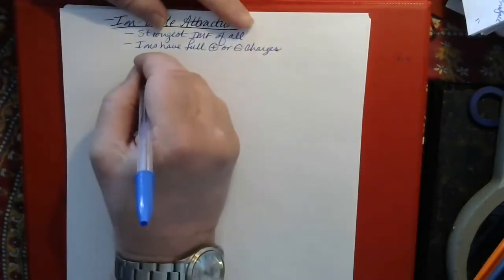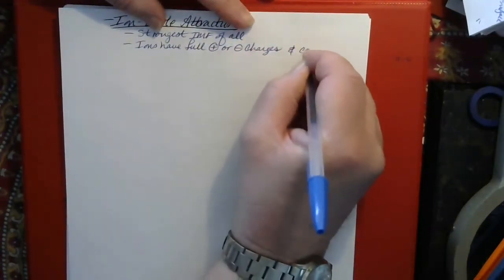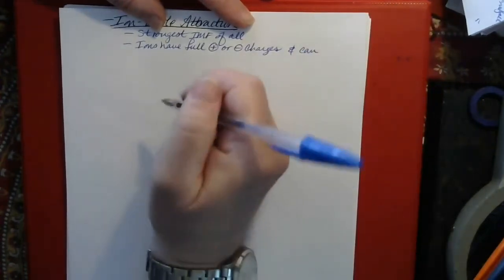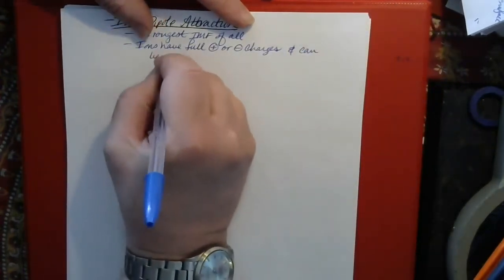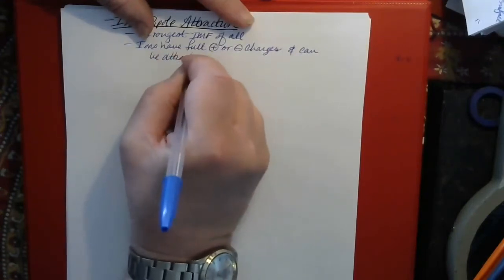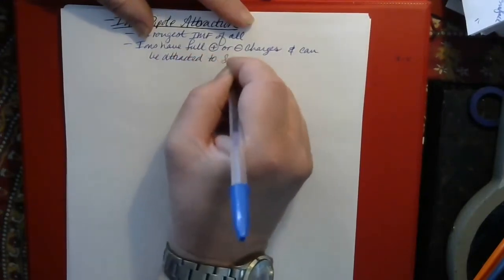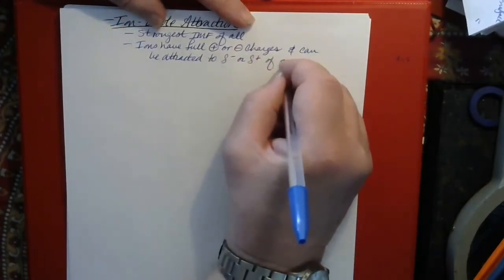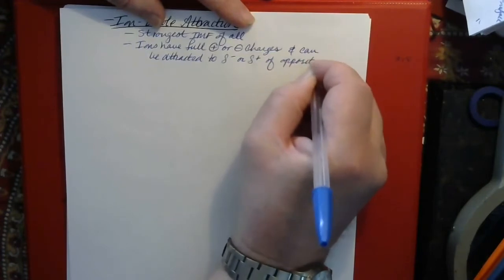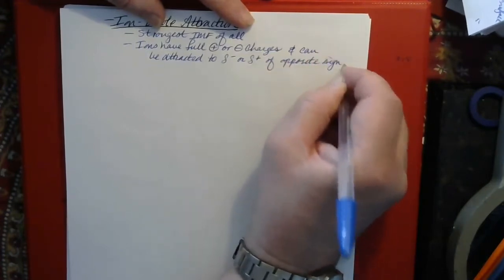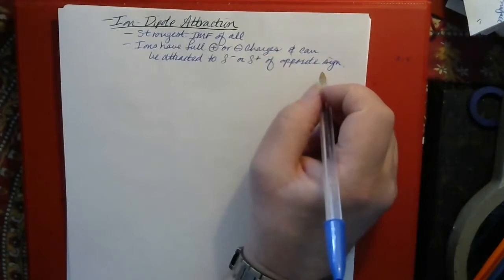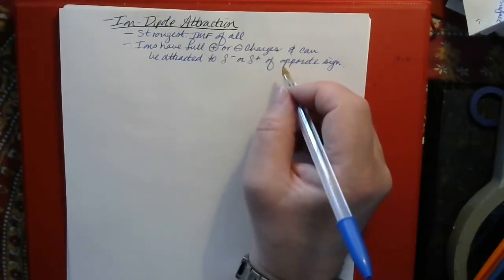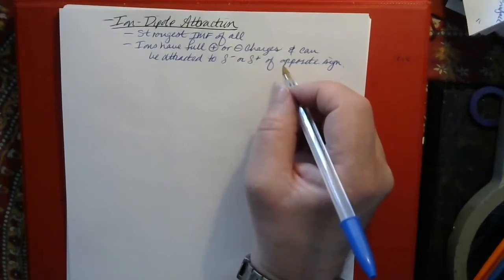And they can be attracted to charges that are opposite in sign. These attractions will be pretty strong because you may only have a partial charge on one side, but you've got a full charge on the other side.